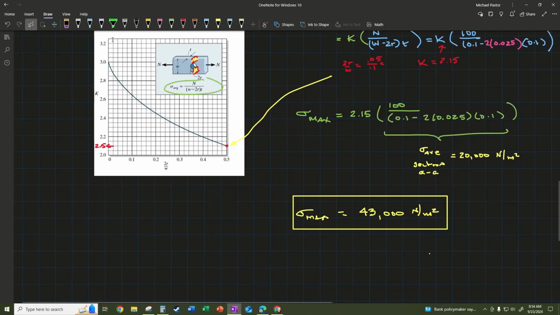Now again, this chart is only good through the elastic range, so we have to ensure that that is the case. So in other words, this chart doesn't take into account any plastic deformation occurring.